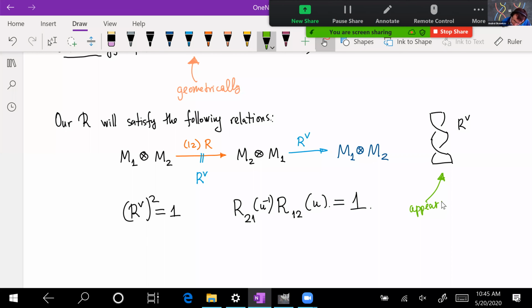And then the Yang-Baxter equation, the equation that's behind me, says that if I have this kind of crossing, M1 of A1, M2 of A2, M3 of A3, this crossing, which is a product of three R matrices, is the same as this crossing.